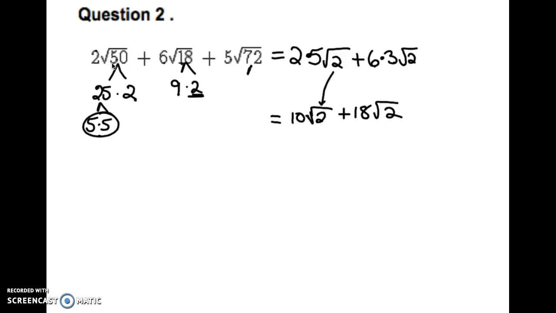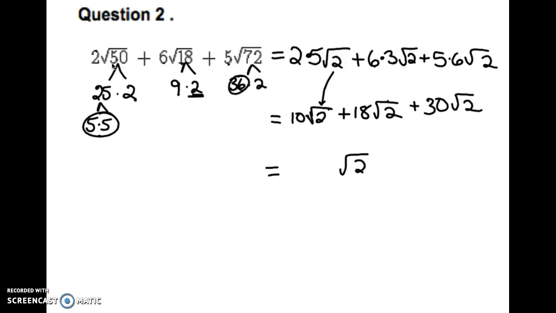And then finally 72 is 36 times 2, so keep the 5, and then the square root of 36 is 6, square root 2, so that becomes 30 square root 2. So now when all of our radicals are the same, we keep the radical and we just add the numbers out front. 10 plus 18 is 28, plus 30 is 58.